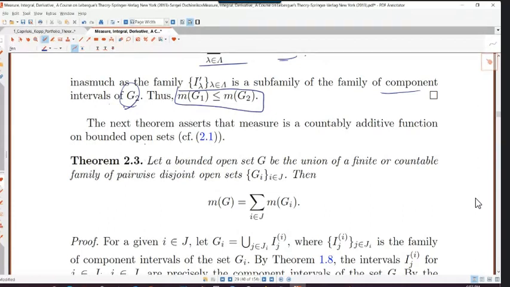The next theorem asserts that measure is a countably additive function. What is a countably additive function?